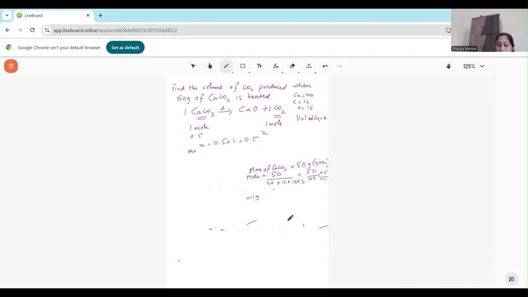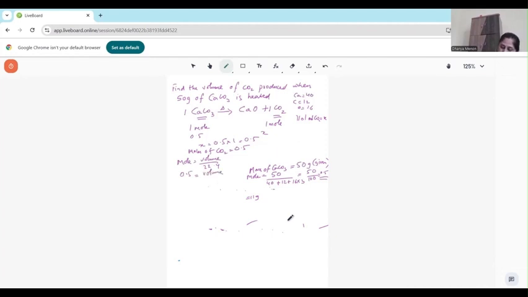Now, this is the number of moles, but what they have asked is the volume. Do we have a relationship between moles and volume? We do. Moles equals volume at STP over 22.4. We already know the number of moles of carbon dioxide, 0.5, and the volume we need to find, over 22.4.